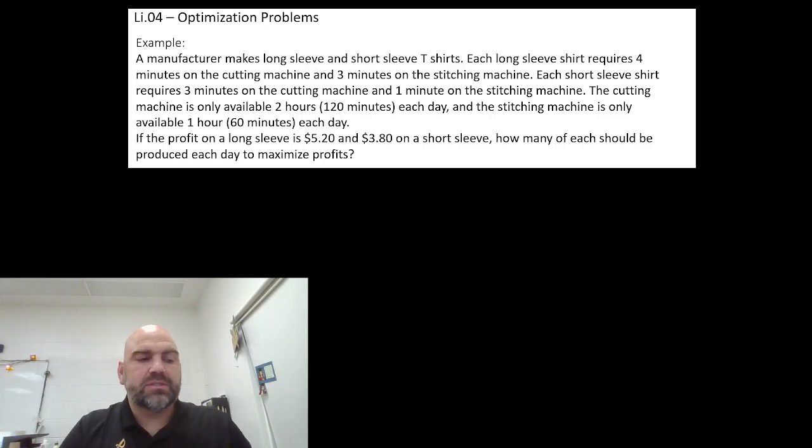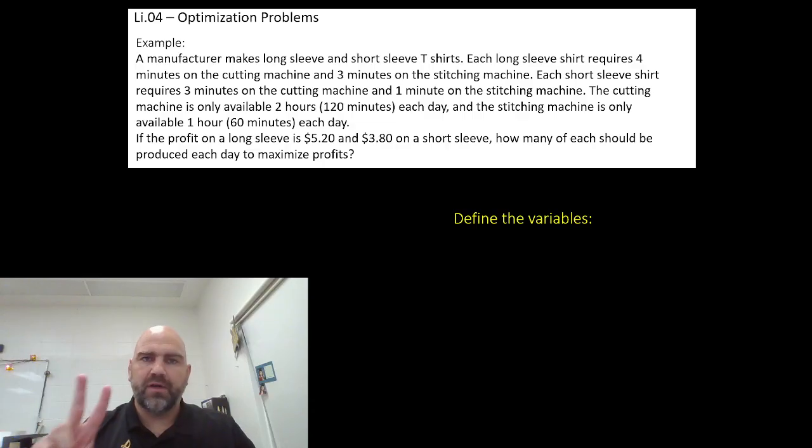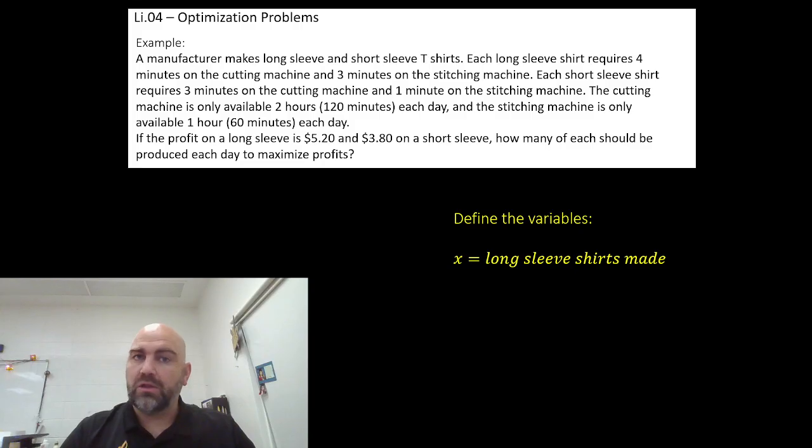So the first thing we need to do is figure out what we're trying to optimize, and that is our profits. Okay, so we're going to start with that. The first step is we need to define the variables. Okay, and we're going to have two variables. Our two unknowns, the things that are going to affect our profits, are going to be how many long sleeve shirts are made and how many short sleeve shirts are made.